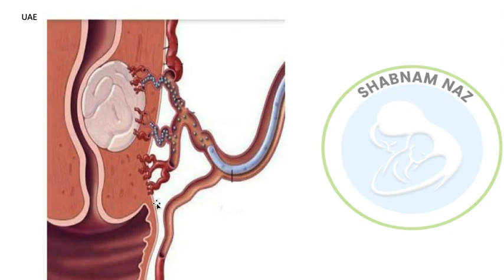So show the picture to her. It involves a tube into the blood vessels in your thigh, then passing it to the blood vessel which supplies the womb, and after that we inject small particles into the blood vessels that will cut the blood supply to the fibroid, causing shrinkage of that fibroid.